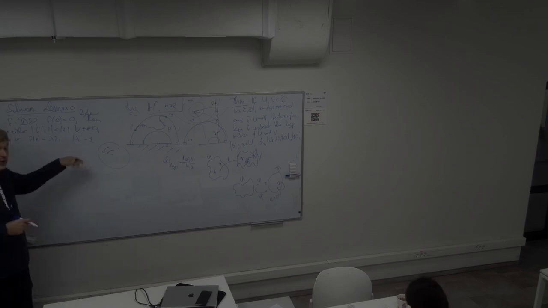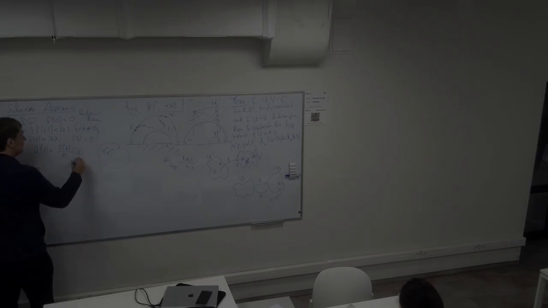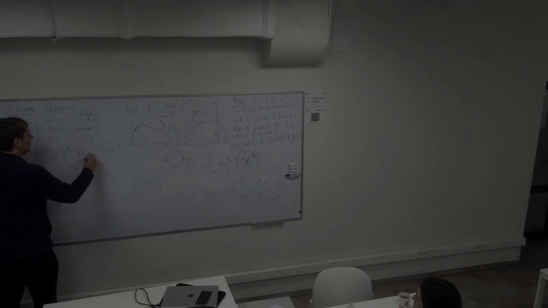I will not prove it, it's not a hard proof, but somehow I might lose myself. But the proof idea is simple. You define a map H of Z equal to F of Z divided by Z. That's a holomorphic map on the disk, and you have to check that at the origin you don't have a pole.